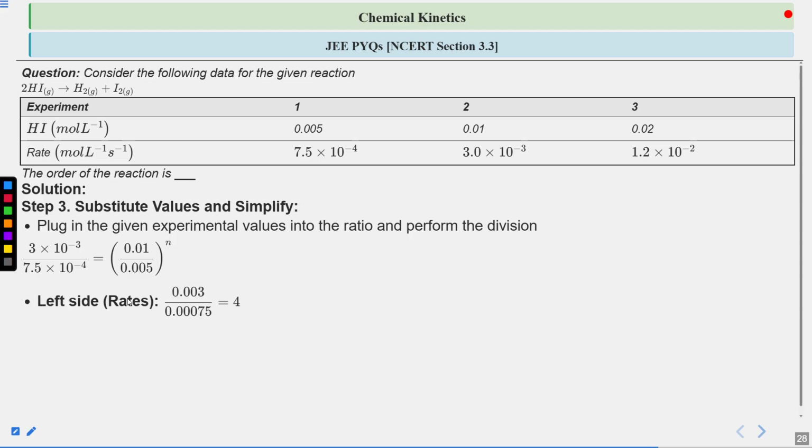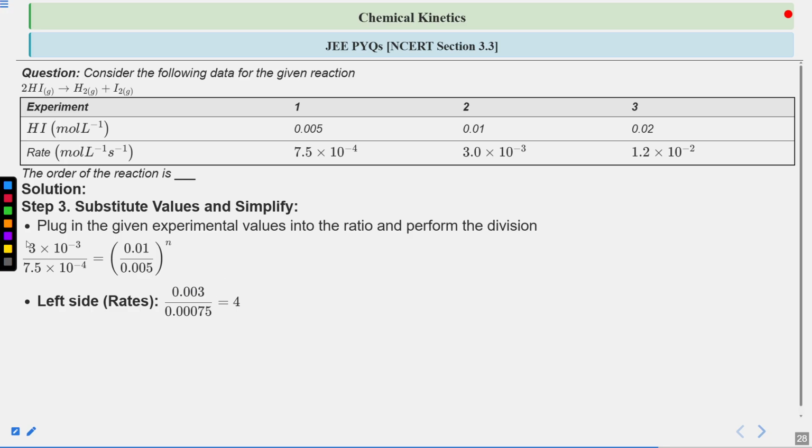For the left side, which is the rate, if you solve it separately, 3 times 10 to the power minus 3 is 0.003, divided by 7.5 times 10 to the power minus 4, which is 0.00075. I hope you know this conversion of numbers from powers of 10 into decimal form.